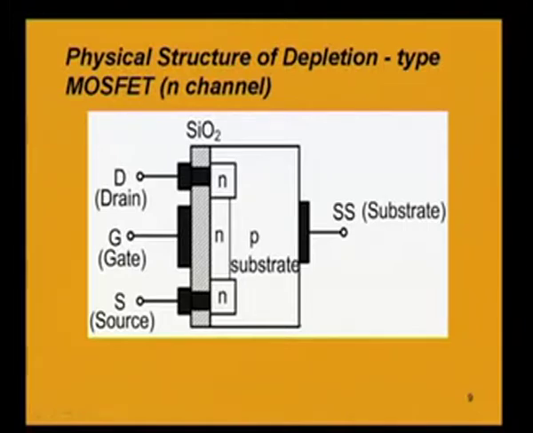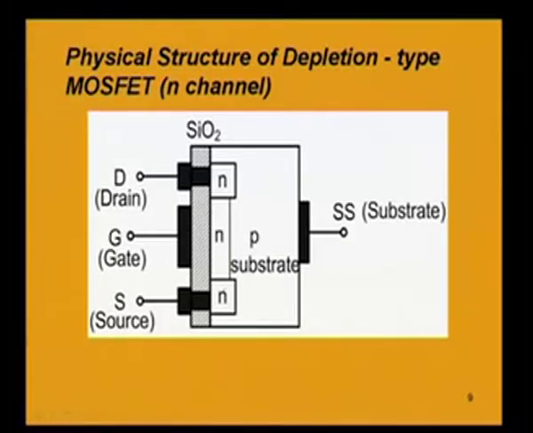Now, the substrate is P, there are drain and source made of n type materials, but one difference from the enhancement type MOSFET is that there is an n type material as a channel between drain and source, which is already existing. In enhancement type MOSFET, we did not have an n type or p type material in between the drain and source.